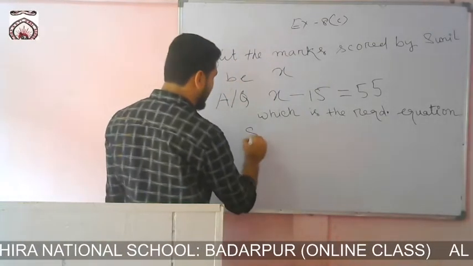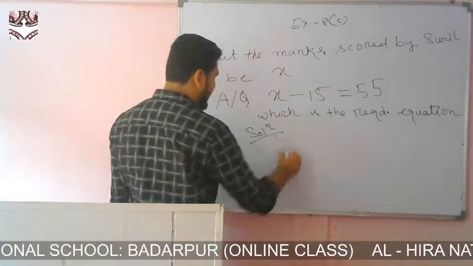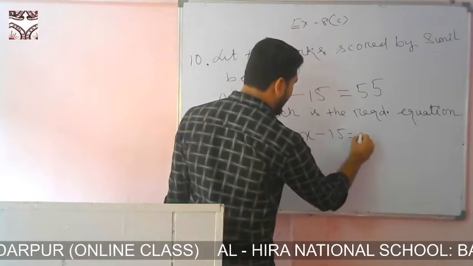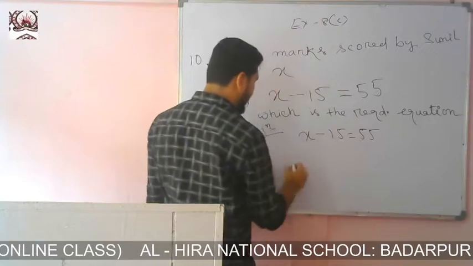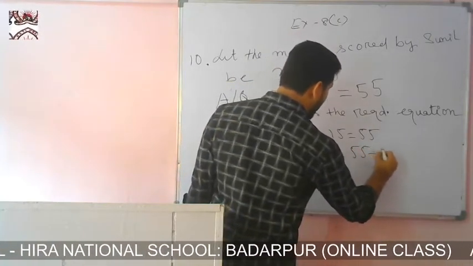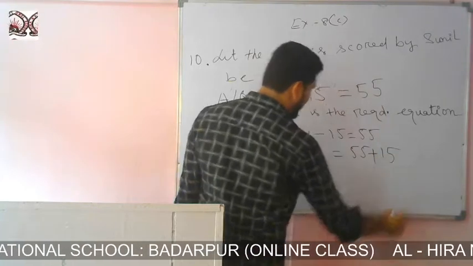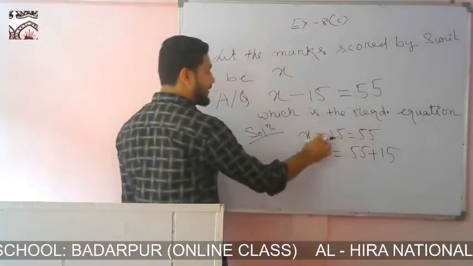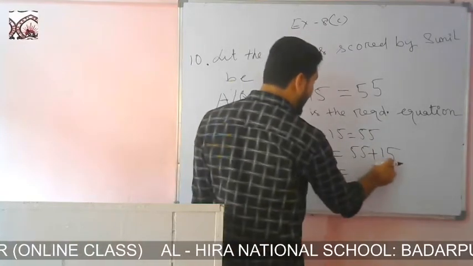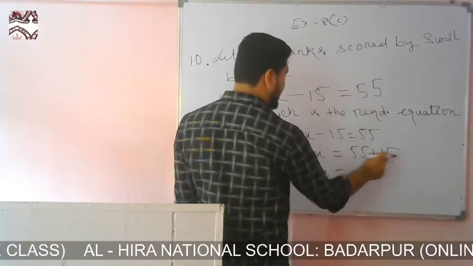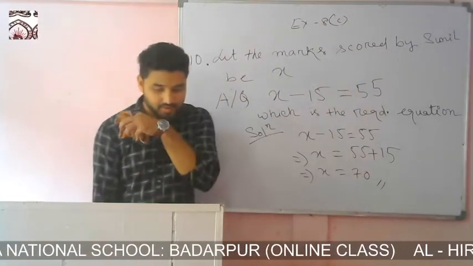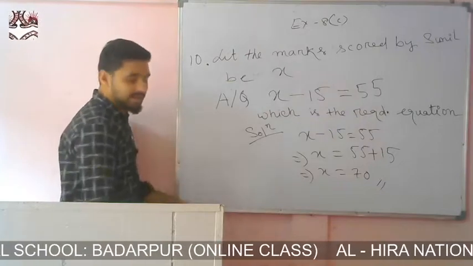Now write the solution. x minus 15 equals to 55. Then obviously x equals to 55 plus 15, because if I take it to the right side, it will become plus. So I can write x equals to 55 plus 15, that is 70. So that is the answer.